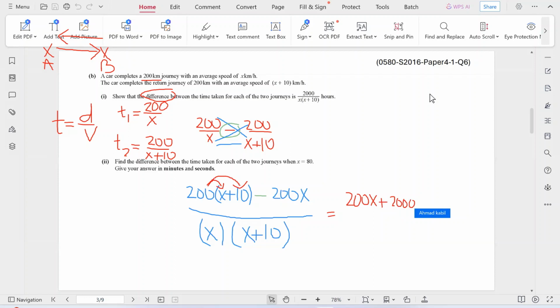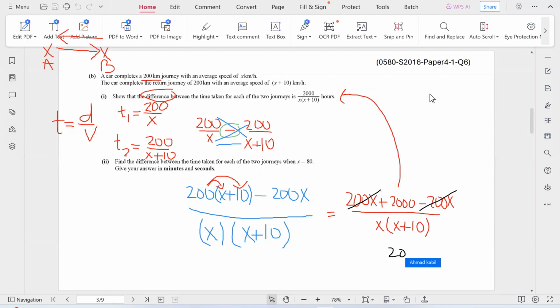And then minus 200x remains as it is. And this is all over x times x plus 10. We are required to show that this is equivalent to 2000 over x times x plus 10. And this is very simple to show because 200x cancels negative 200x, so you're just left with 2000 over x times x plus 10.